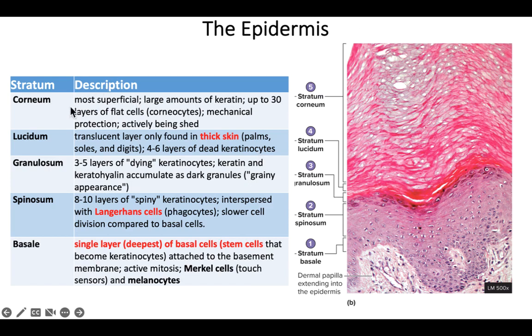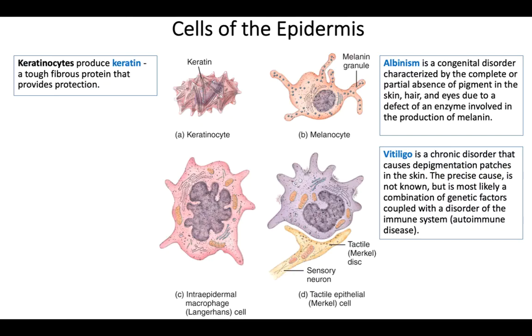And then finally, the corneum, most superficial, large amounts of keratin, can be up to 30, even maybe a little more layers, or down to just a few layers. Often we call these corneocytes, but they're going to be really good at protection, and then eventually these cells shed from the surface. Okay, so that's the 5 layers of the epidermis.